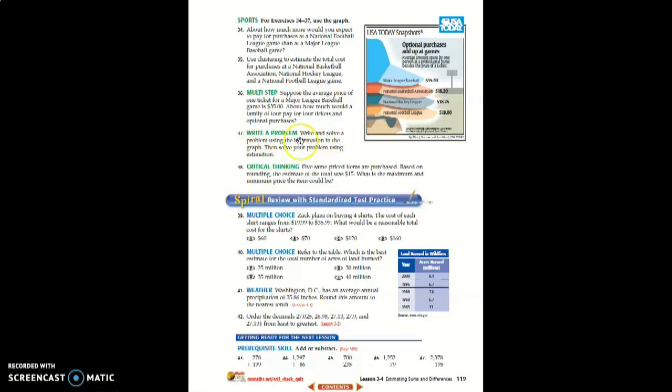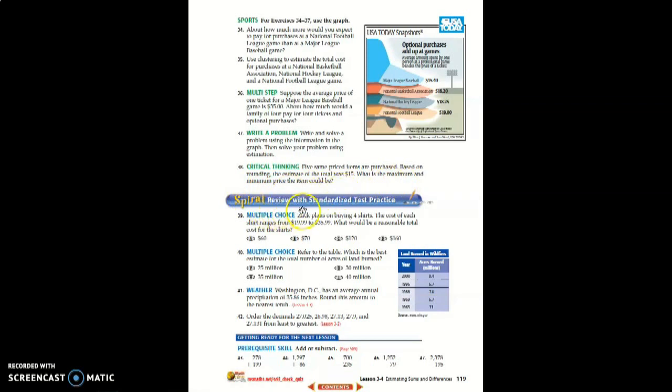Write and solve a problem using the information in the graph. Then solve your problem using estimation. 38. Critical thinking. Five same-priced items were purchased. Based on rounding, the estimation of the total was $15. What is the maximum and minimum price the item could be?